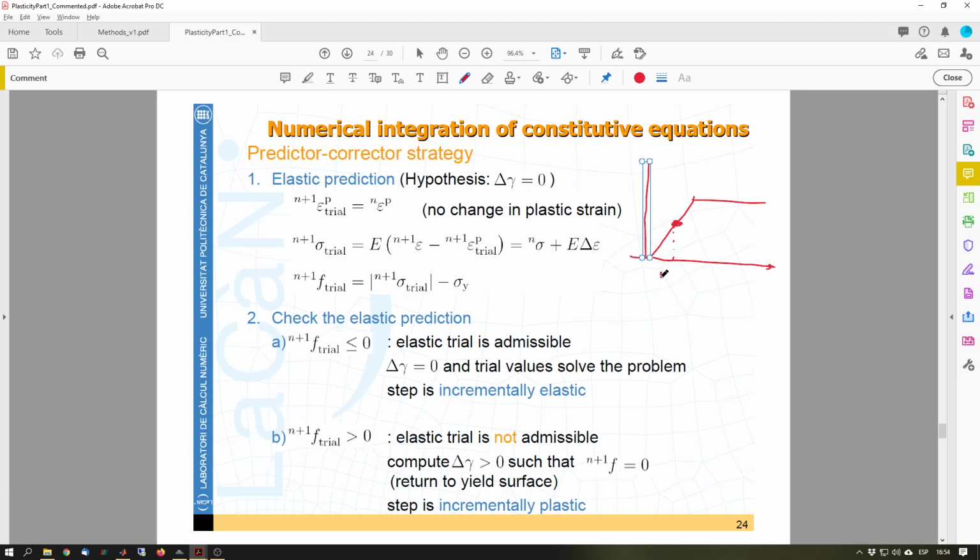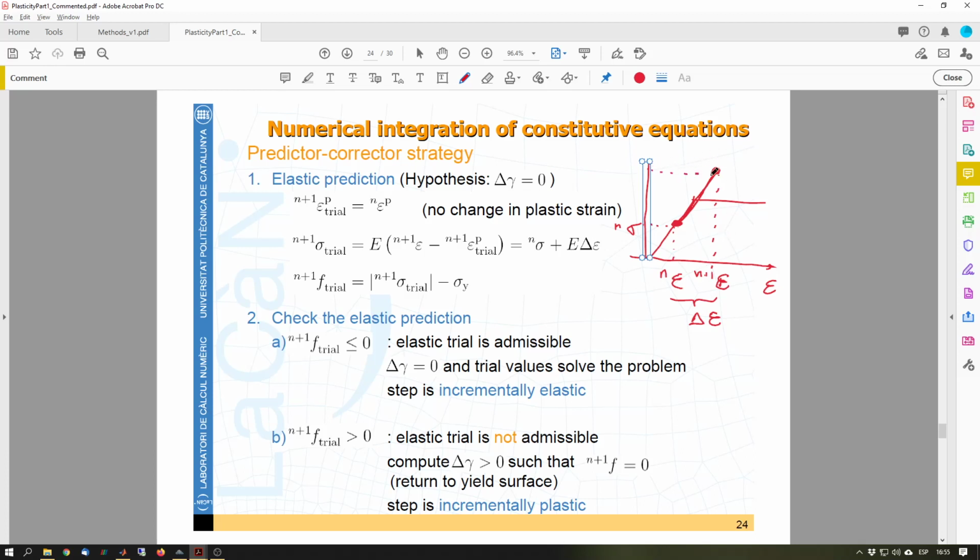This is my total strain, and these are my stresses at the previous time step. And let's assume that we can take that step forward, and this is the total strain, and this is given. We said that it's strain driven, so this is data that is given, and we want to know what the new stresses are.